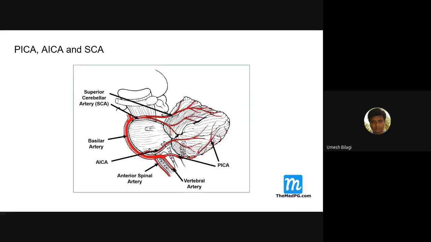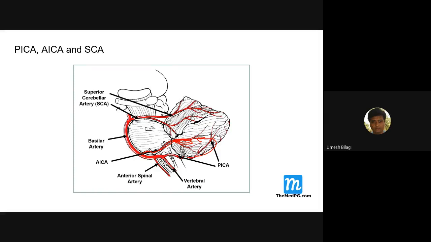And this AICA comes here and supplies the inferior and anterior part of the cerebellum, and it makes anastomosis with this.